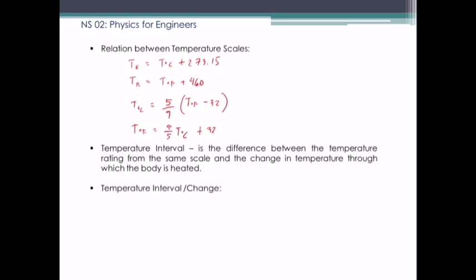So this relation is actually derived from the interpolation of the two temperature scales, the Fahrenheit scale and the Celsius scale, using the boiling point and the freezing point of water. The boiling point of water is at 100 degrees Celsius, while its freezing point is 0 degrees Celsius.